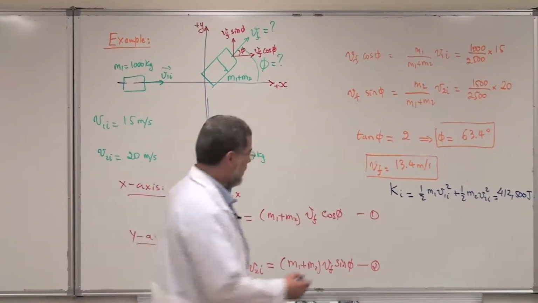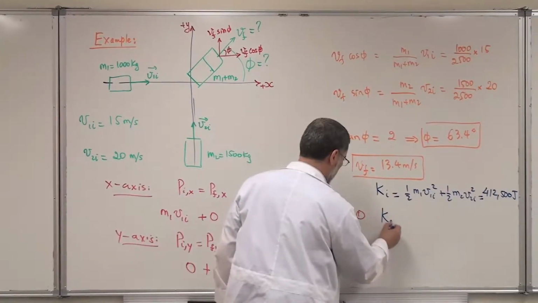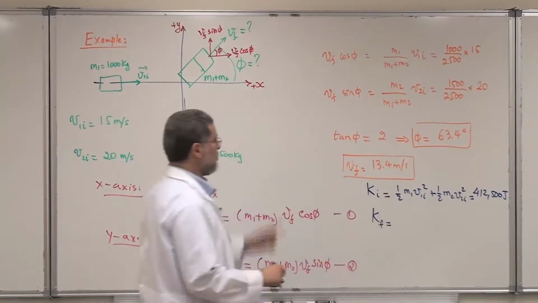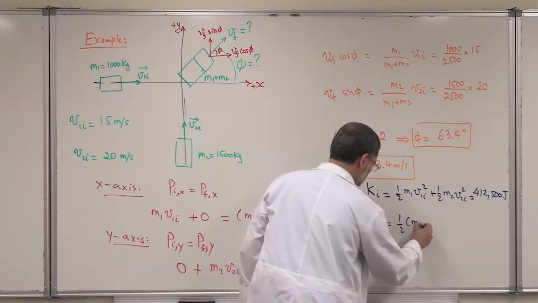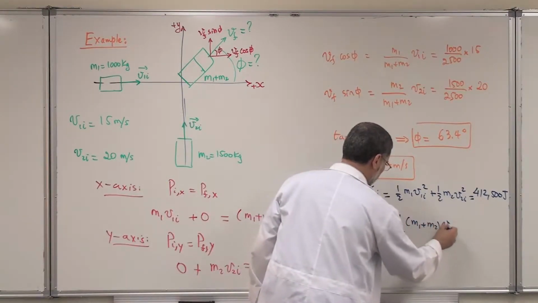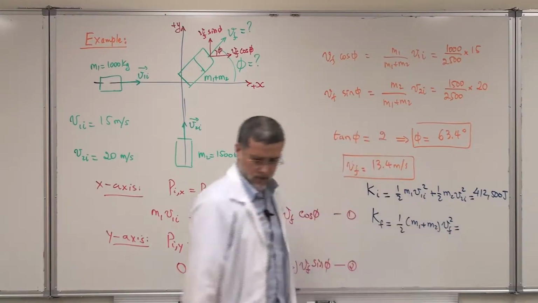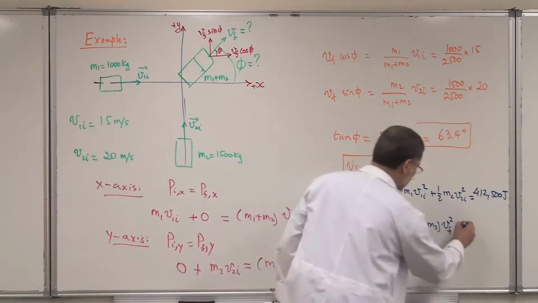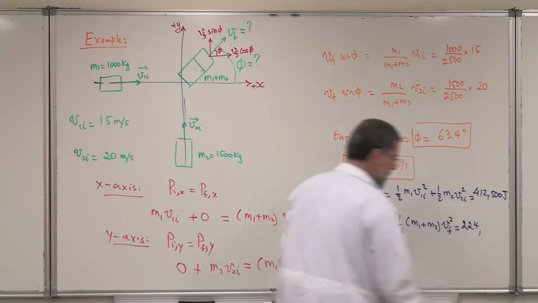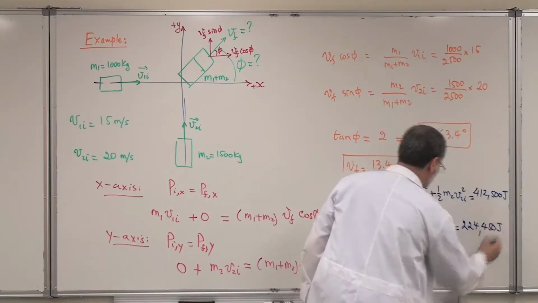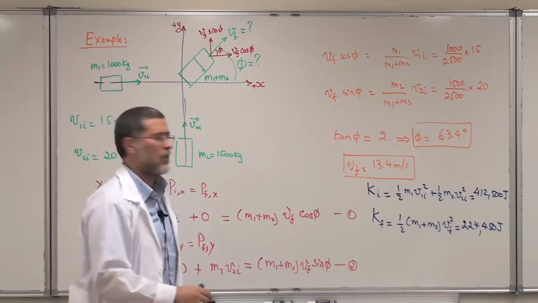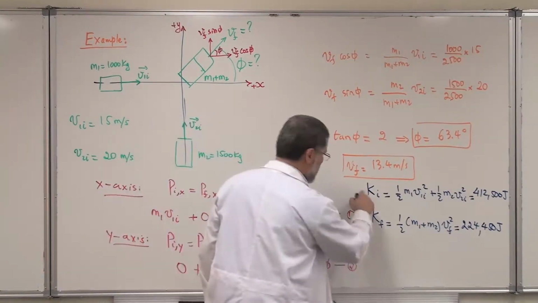If you look at the kinetic energy after the collision, K final is half (m1 plus m2) v final squared. If you do this calculation, you get 224,450 joules. You notice one important thing here: K final is less than K initial.